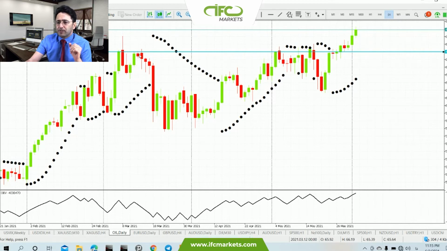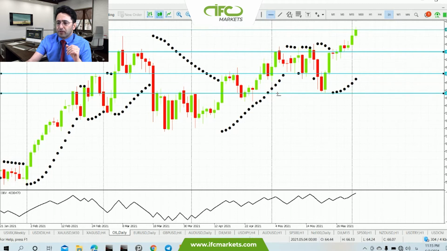You can see very easily that these levels are very important and oil had very hard challenges at these levels.